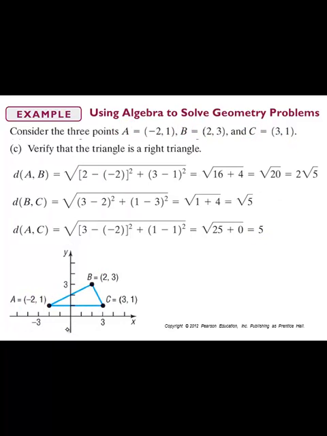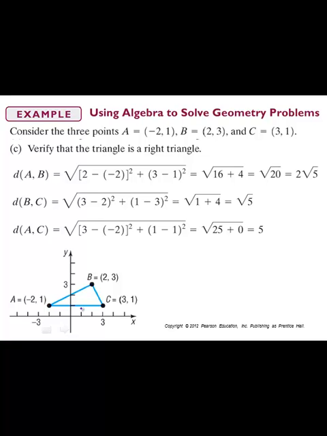Is this a right triangle? Well, this triangle is a right triangle if and only if the sides obey the Pythagorean theorem. Remember, the Pythagorean theorem says that the sum of the squares of the lengths of the 2 legs is equal to the square of the hypotenuse.